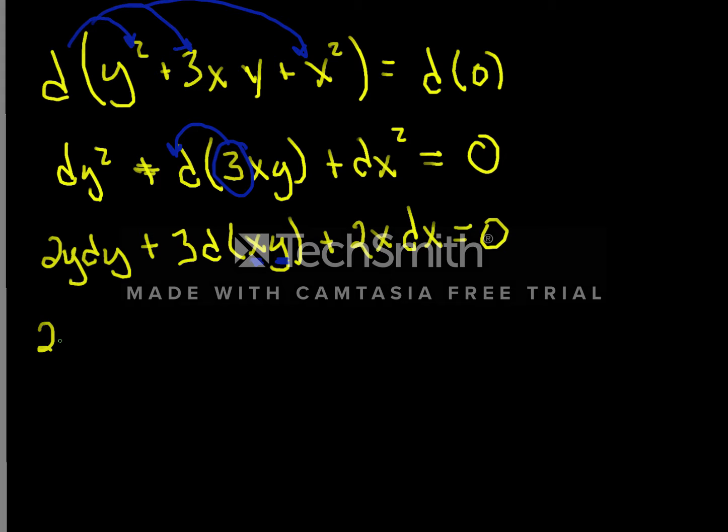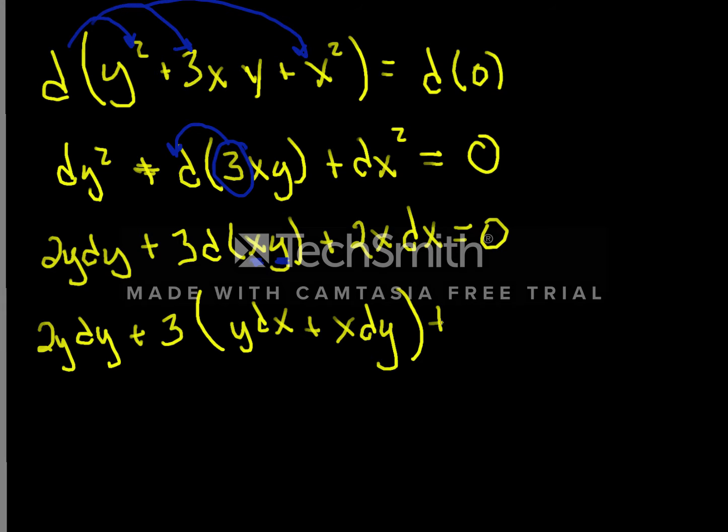We're done with this expression because the differential has moved all the way to the right and been attached to dy. So this is plus 3 times y times the differential of x plus x times the differential of y, plus 2x dx, all equaling 0.